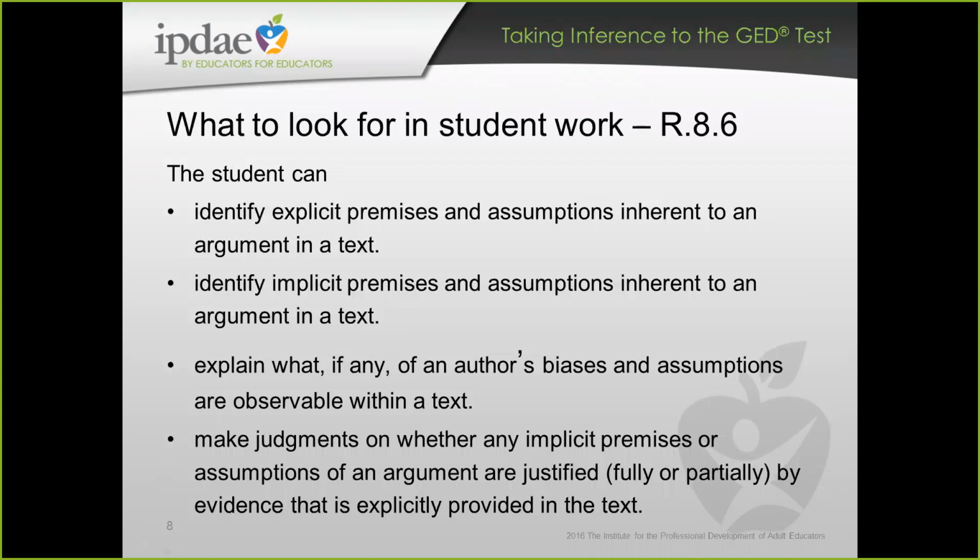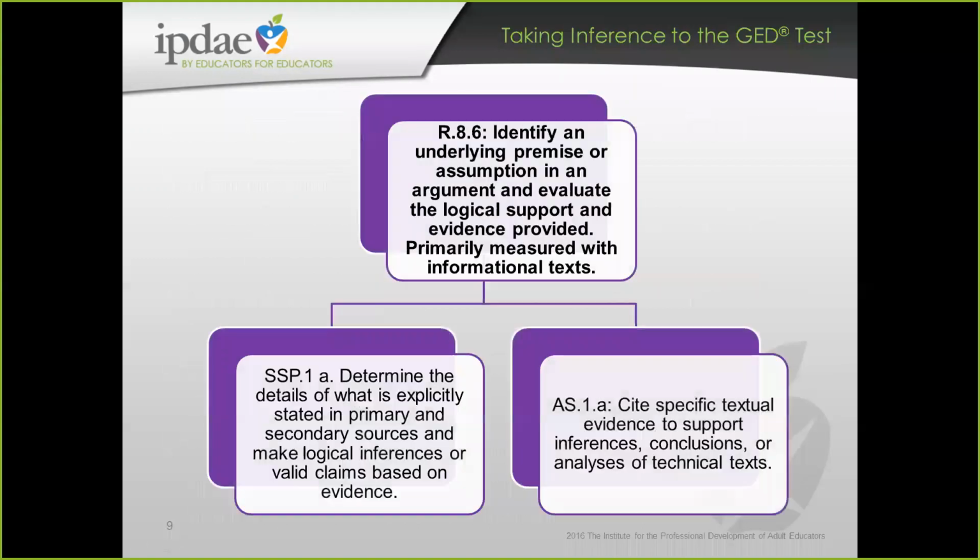It's not just in RLA, is it? No, those are the same kinds of things that you're going to see in other areas. We may be looking at those implicit and explicit premises, but we have to look at the fact that social studies, and especially those primary sources, do a lot of that, where students have to make those logical inferences based on what they've read.